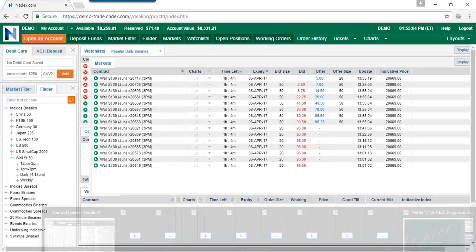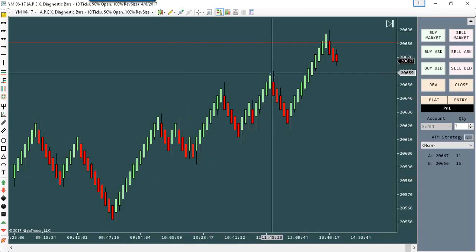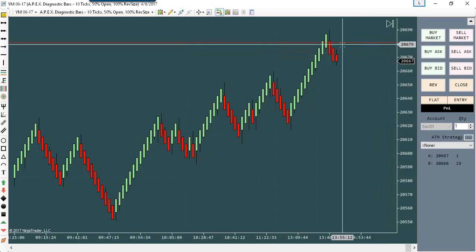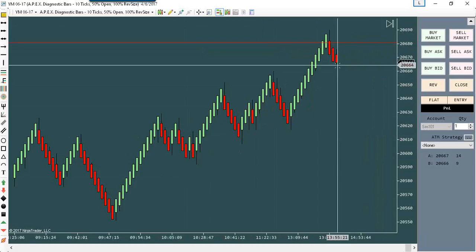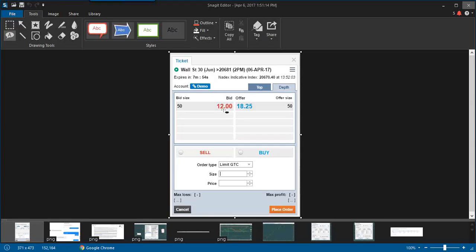But if your strategy or system is telling you, hey, I'm following certain patterns or whatever, and I think it's going to pop up, and I think it'll get above this strike. Well, do you want to limit yourself for that strike having to be hit in the next 7 minutes?